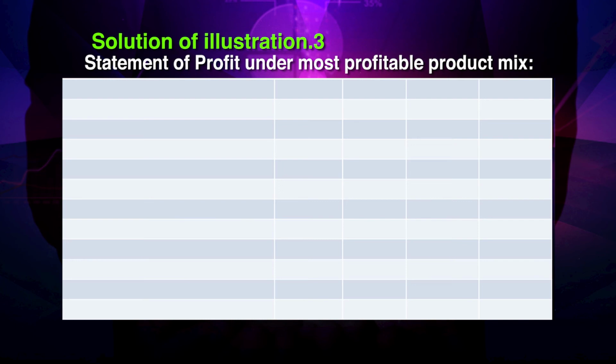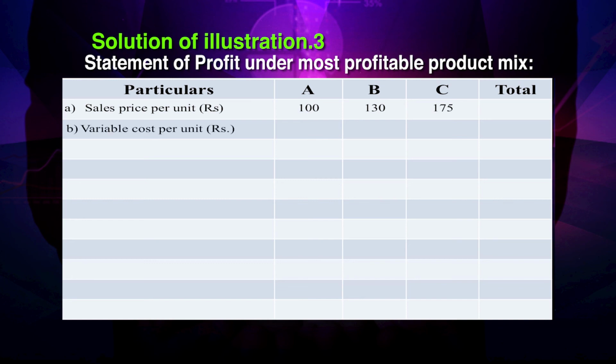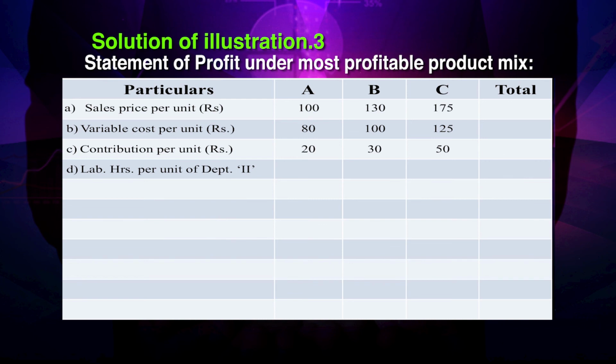For that we will have the 5 columns: first particulars, second product A, third product B, fourth product C and fifth column total. Sales price per unit 100 for A, 130 for B, 175 for C. Variable cost per unit 80 for A, 100 for B, 125 for C. Contribution per unit, that is A minus B, 20 for A, 30 for B, 50 for C. Labor hours per unit of department 2, for A it is 0.5, B 1, C 1.